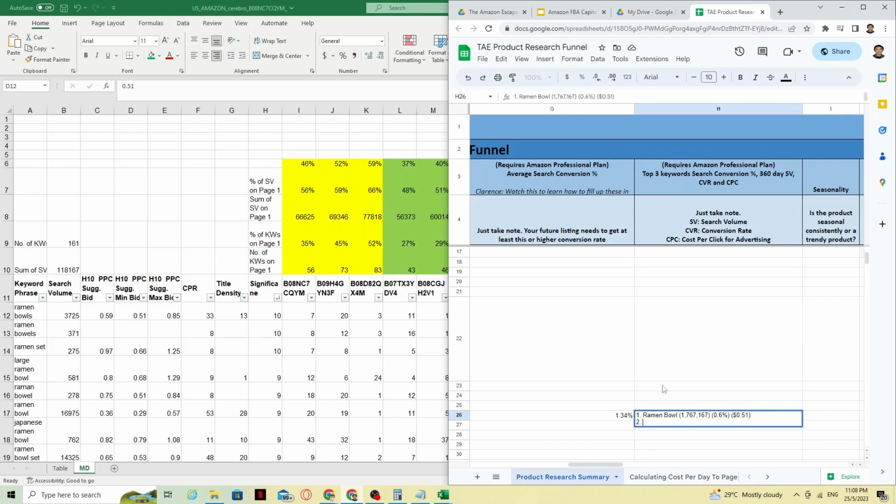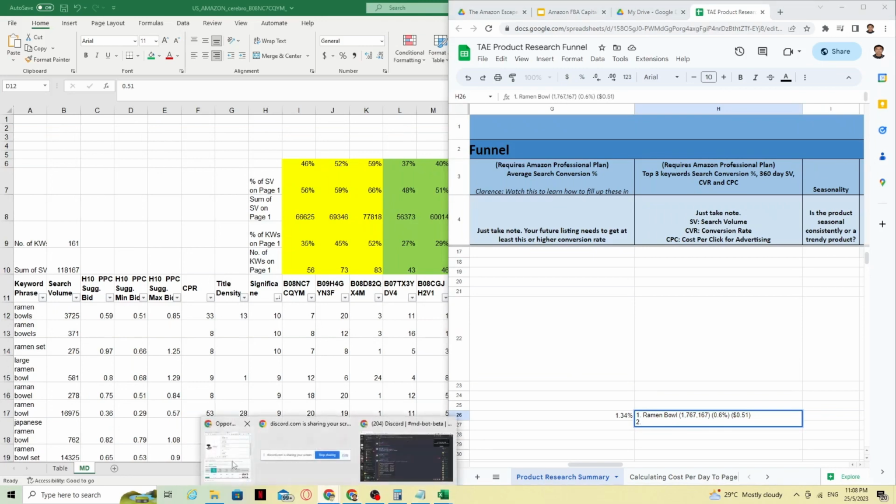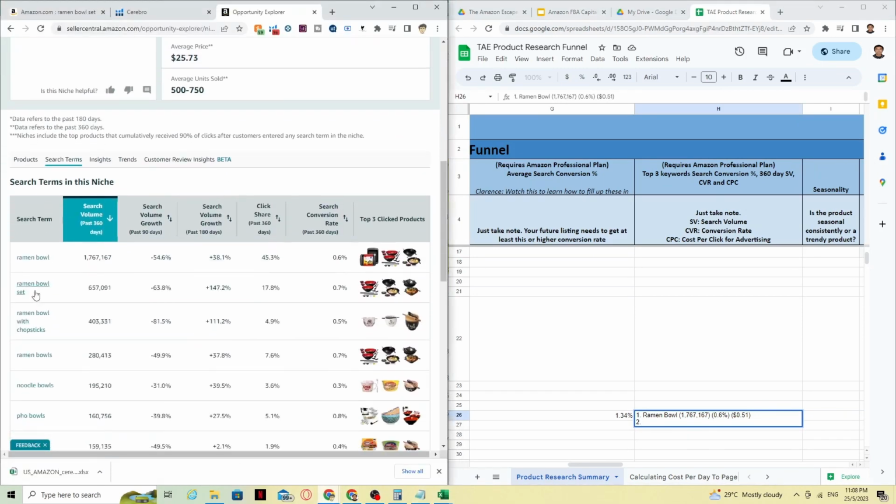Okay, next one, next best keyword based on Amazon's data, ramen bowl set. Search volume 657,091. Conversion rate 0.7%.